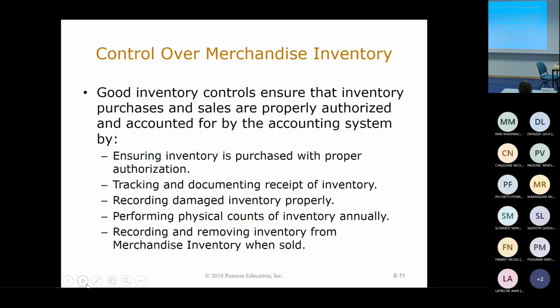So you need to update the accounts when it is sold. There are other controls that are not mentioned here. For instance, those in charge of accounting for the inventory should not have access to the physical inventory. Otherwise they could easily hide their traces and steal some of the inventory.